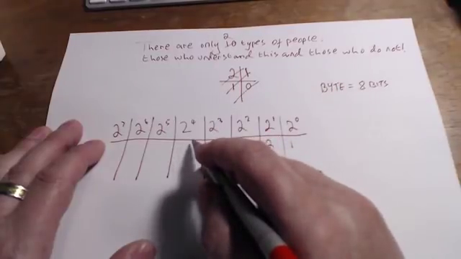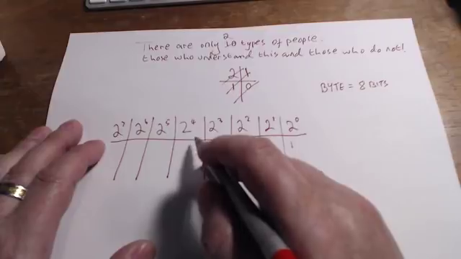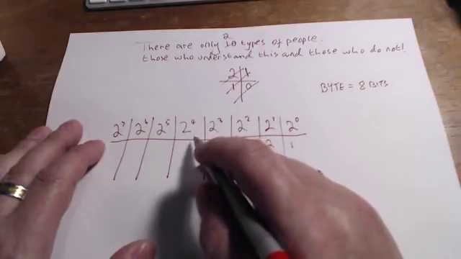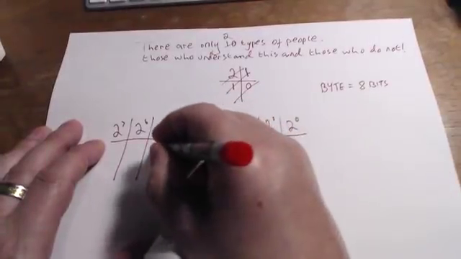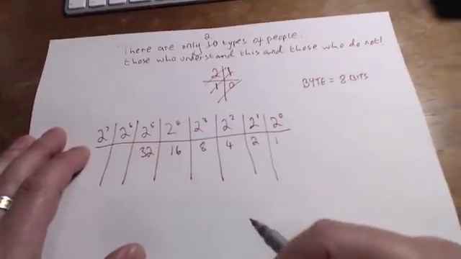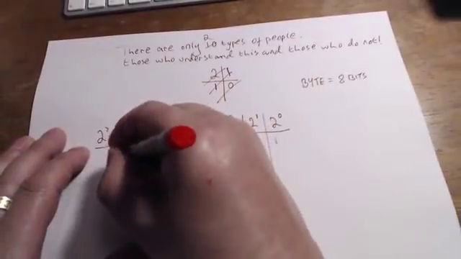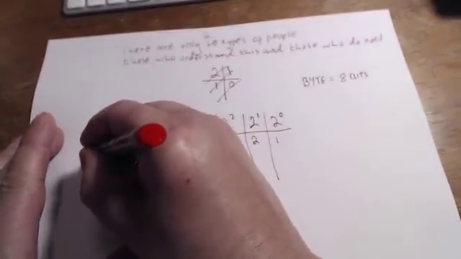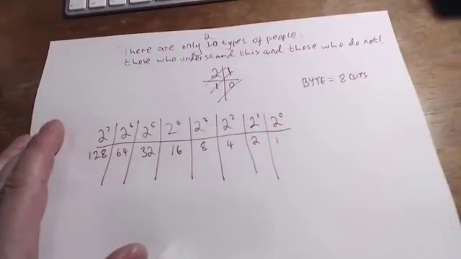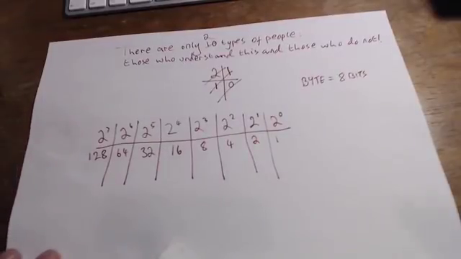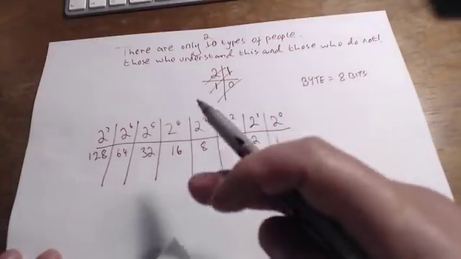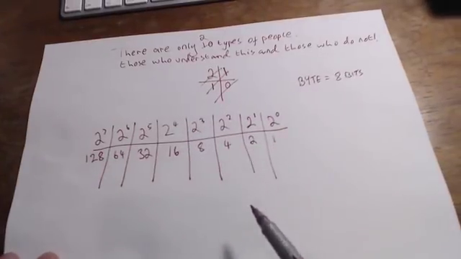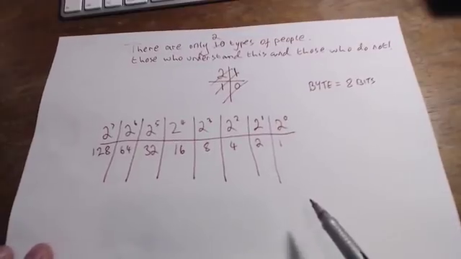Then we've got 2 to the power of 4, which is 16. 2 to the power of 5 is 32. 2 to the power of 6 is 64, and 2 to the power of 7 is 128. So what can we have? We're going to have 1, 2, 4, 8, 16, 32, 64, 128. Of course, the simple way to remember this is that every time we go up a column in binary, we always double the value.